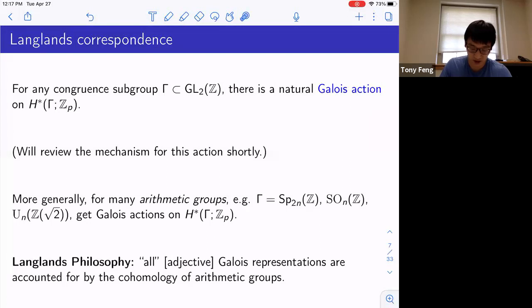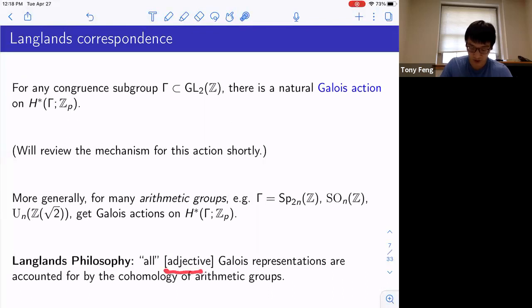The class of arithmetic groups for which you have this kind of Galois action directly on group cohomology is pretty sparse. It was classified by Deligne. And when I say account for, I mean some more general procedure, which certainly hasn't been discovered in most cases. And once one tries to make precise what the adjectives should be, it's also very complicated. But roughly speaking, this is the philosophy.